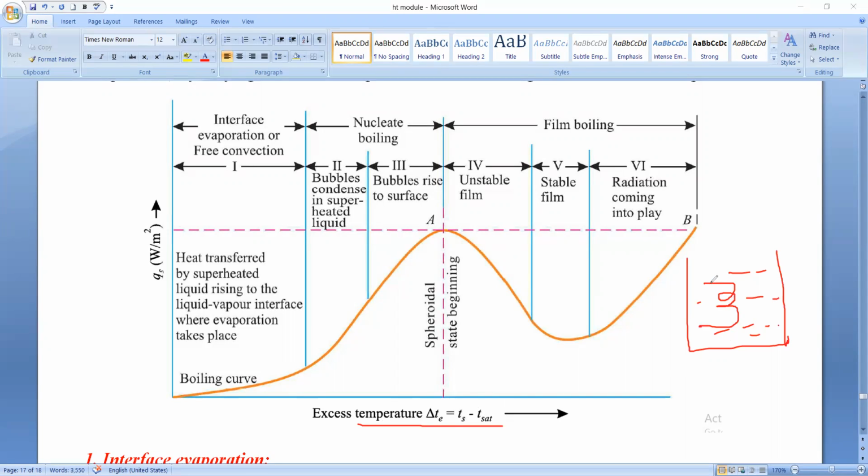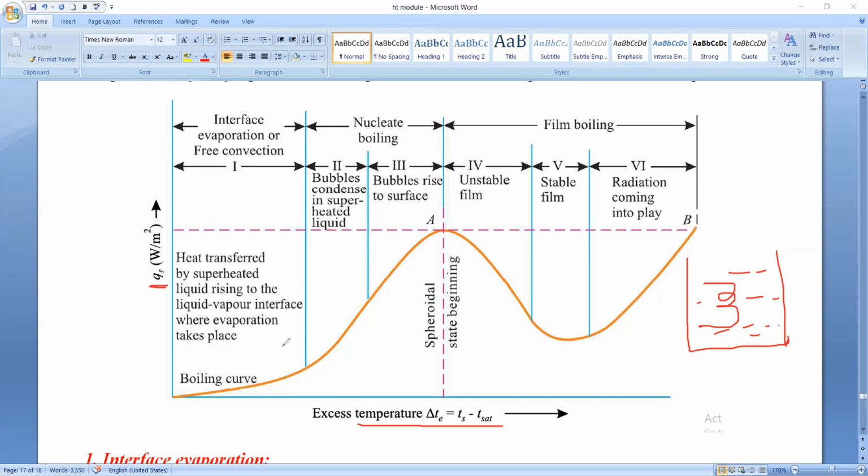About the y-axis, we have the heat flux, the rate of heat transfer per unit area. Both can be measured.